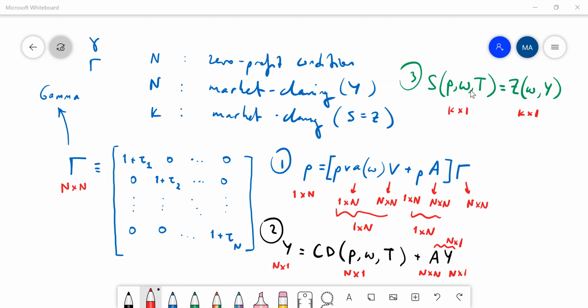So again, let me use a box here. We have prices, these are unknown. How many prices? N. We have output levels, so we have 2N, right? And we have factor prices, 2N plus K. What else is an unknown? Let's answer it.